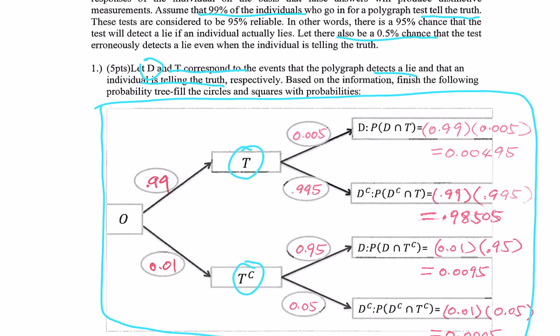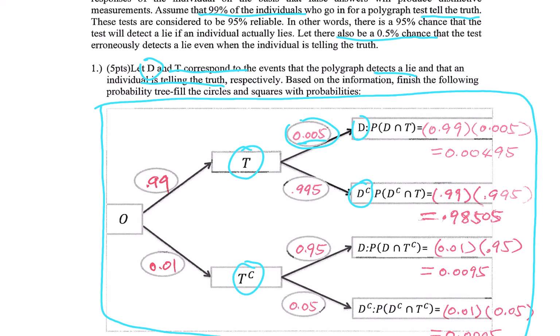So that's the probability the person is telling the truth, but the lie detector says, okay, you're lying. Fortunately, this probability is very low, only 0.5%, which is 0.005. And then 1 minus that is 0.995, which is the probability that whenever the person is telling the truth, the lie detector does not detect a lie.